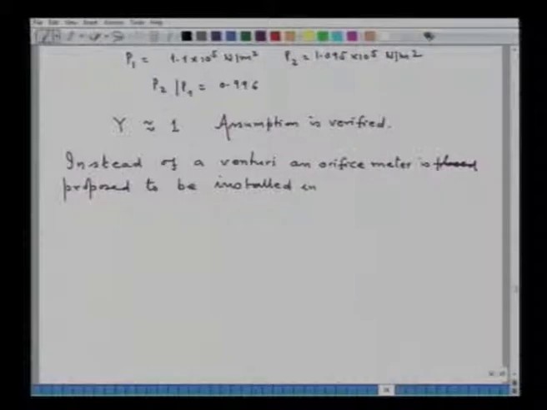In the previous problem, all the things are the same, that is, a duct of diameter 500 millimeter and so on. Now, what is required?